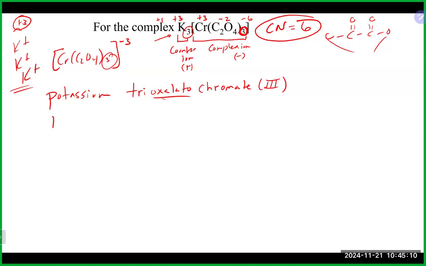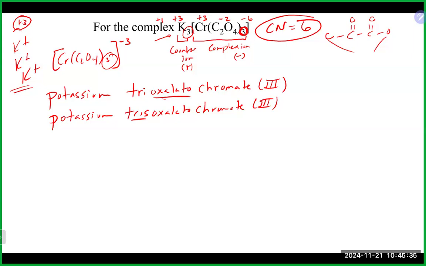As I mentioned before, oxalate also is one of those that commonly uses that other sort of prefix, tris, and it's really because it is a bidentate, so they will use tris sometimes with this. So this one is also an acceptable answer to that question on that name there.